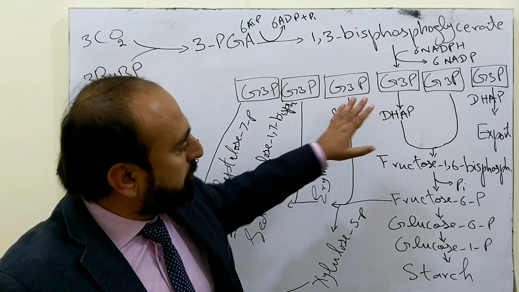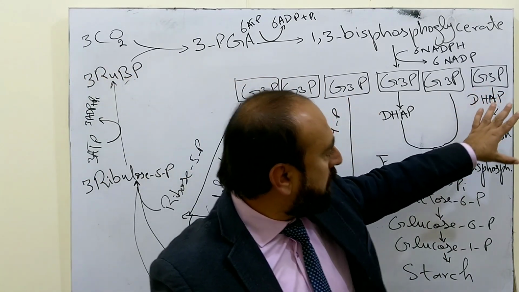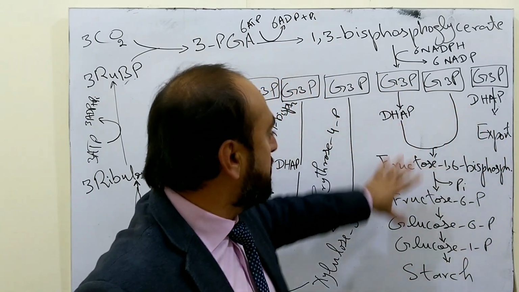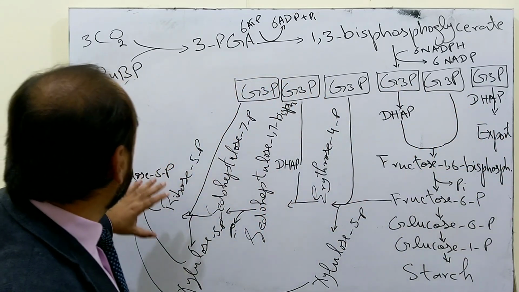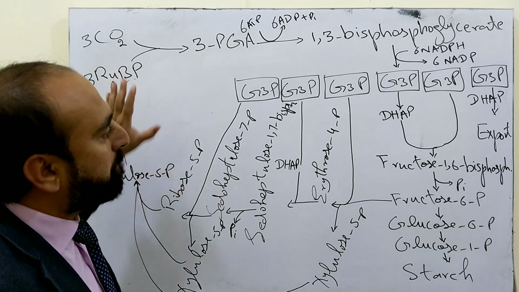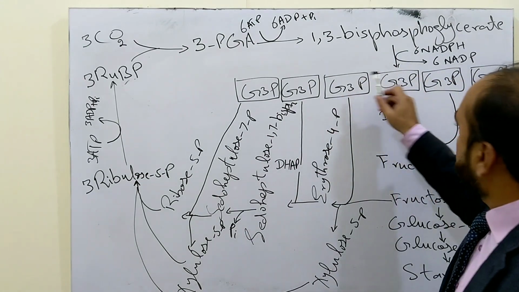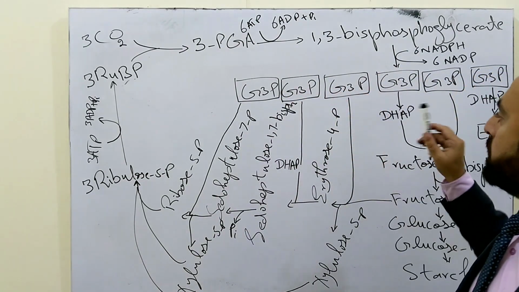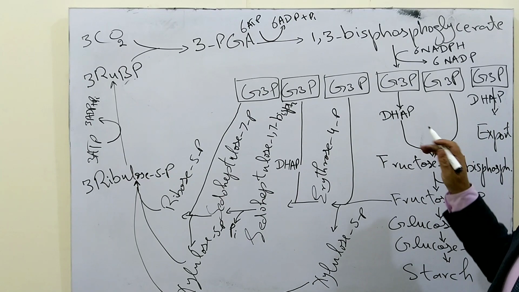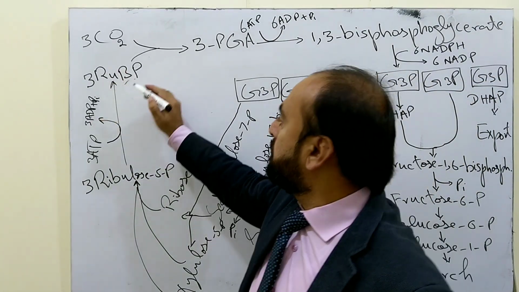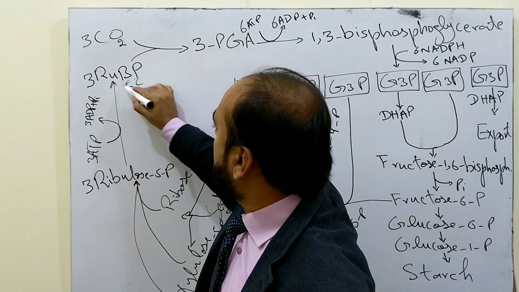And from here on, 1/6 of this, or 1 out of 6, is exported to the cytoplasm, whereas the rest of this is used to regenerate RuBP. So here we are taking five 3 carbon sugars and converting them into three 5 carbon sugars. RuBP is a 5 carbon sugar.